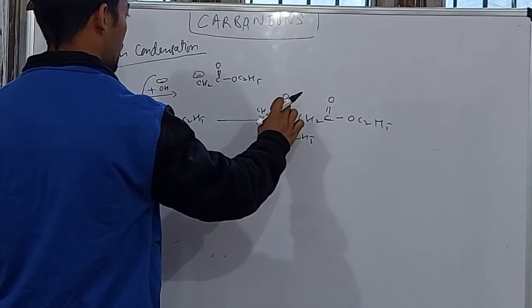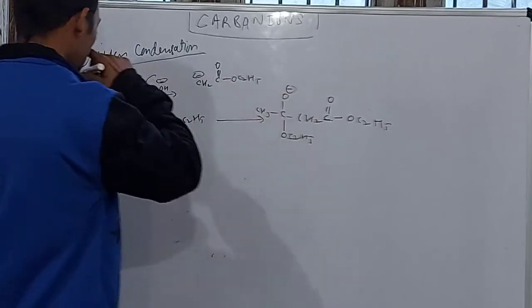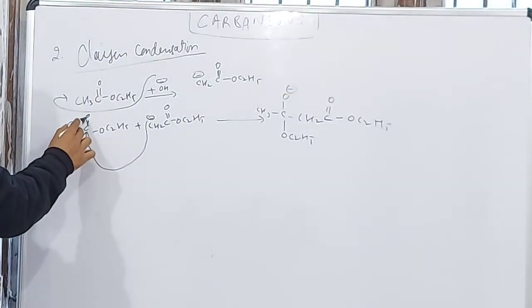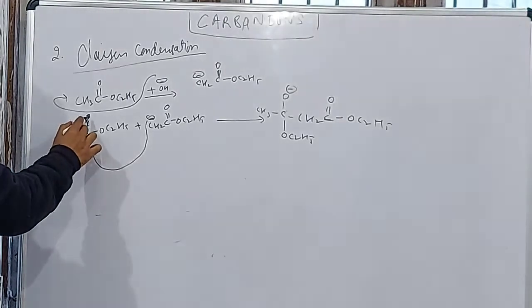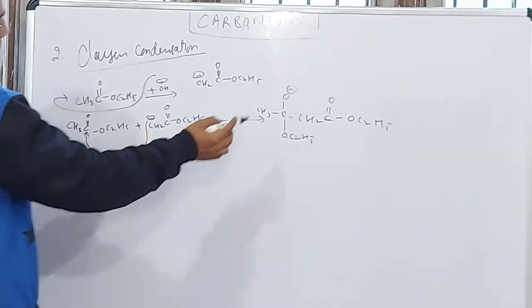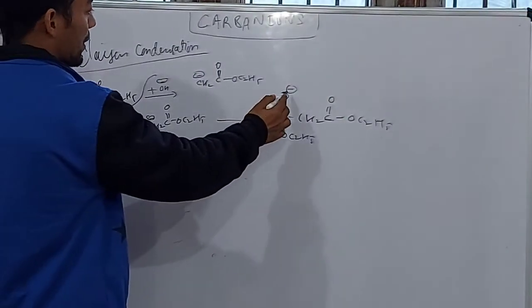Sorry, because when there is a nucleophilic attack on this carbon atom, the electrons from this double bond will go on to oxygen, forming a single bond here, and the negative charge on oxygen.